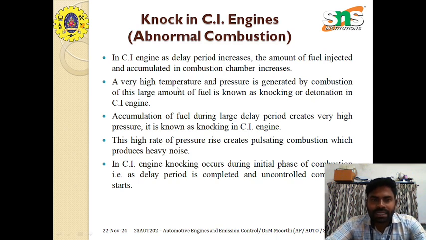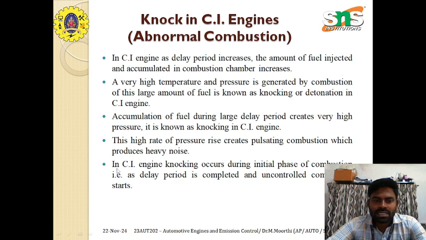A very high temperature and pressure generated by the combustion of this large amount of fuel is known as knocking or detonation in a CI engine. The accumulation of fuel during this large delay period creates a very high pressure. This high rate of pressure rise creates pulsating combustion, which produces heavy noise inside the combustion chamber.